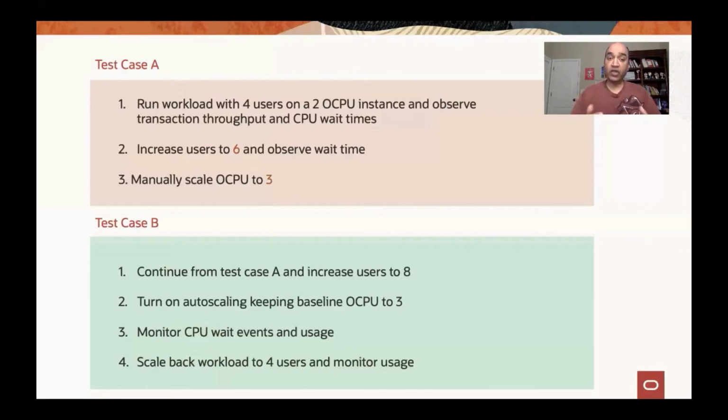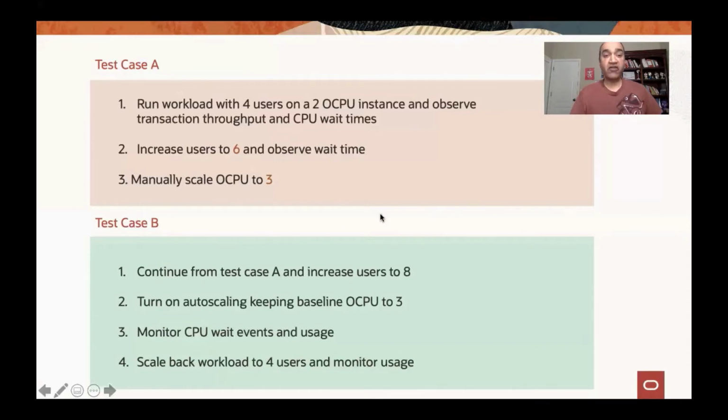Then we'll end by looking at what advantages this method offers over manual scaling, and perhaps also look at the billing side of it, how billing is computed, and I'll show you where to look for billing information in the service as well.